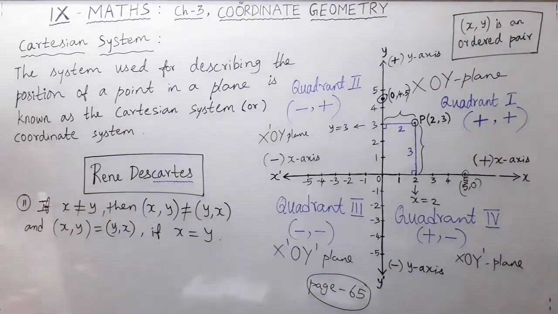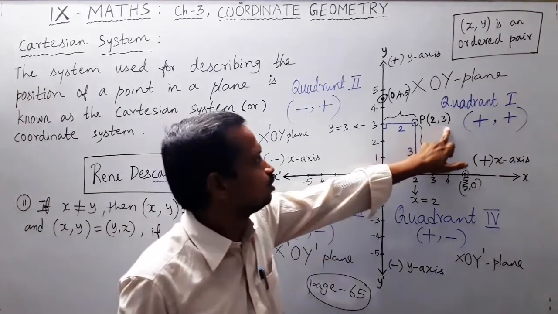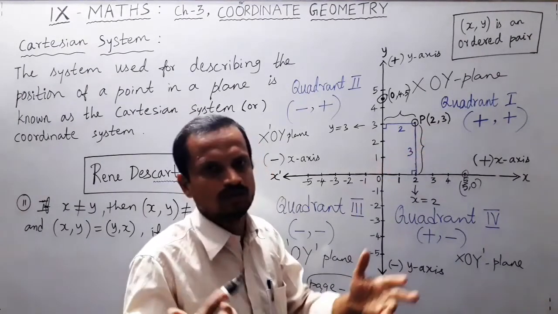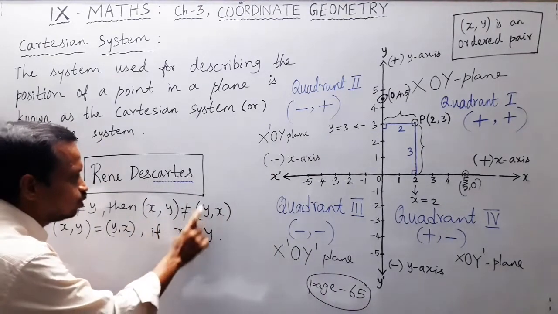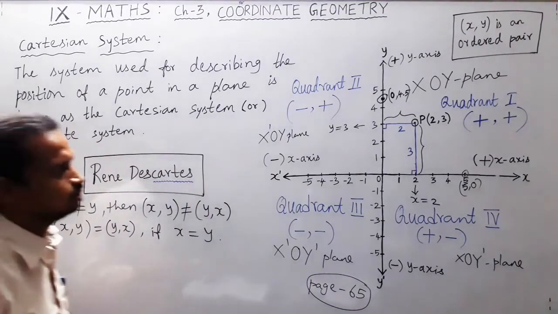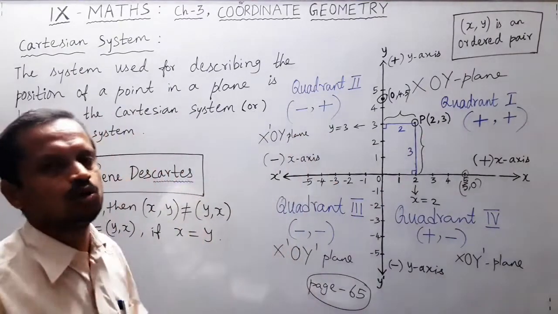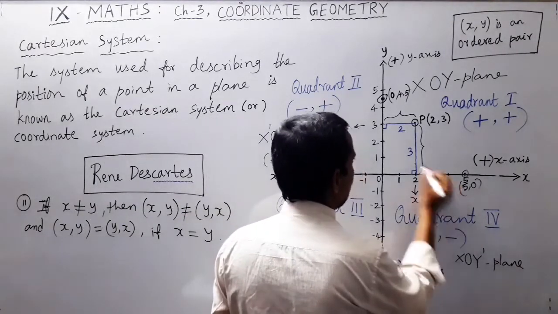Okay, just we will see what the point says. X not equal to y. For example, you take this point 2 comma 3. So 2 and 3, you know, they are not equal. So we can say x not equal to y. Then x comma y is not equal to y comma x. Correct. You see, this is 2 comma 3. If you take 3 comma 2, 3 is here and 2 is here.